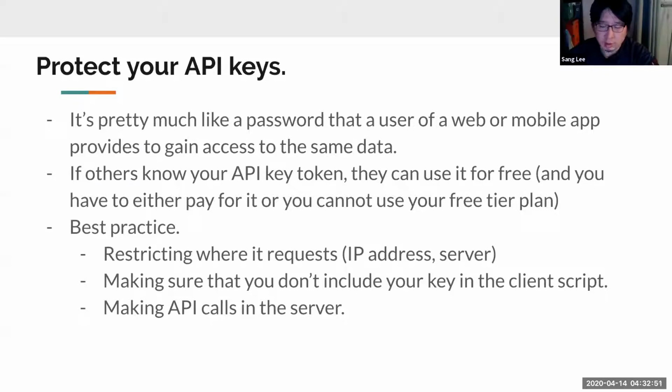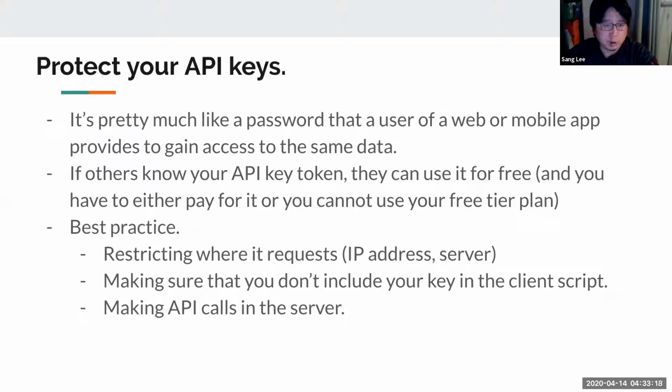And sometimes the API is tied to your credit card number, so if some people use it a lot, the company is going to charge you. Or sometimes companies have a free plan, but if someone else uses your API, you will not have leftovers, so that you cannot really use it.